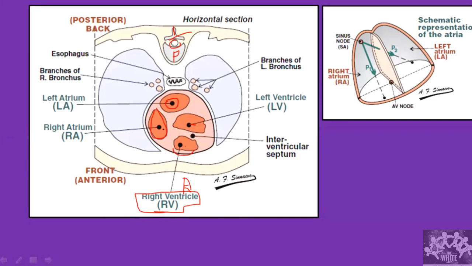Whenever there is an electrical activation, first the RA is going to get activated, then the impulse is going to go posteriorly. Let's say I have a lead here, a camera here.